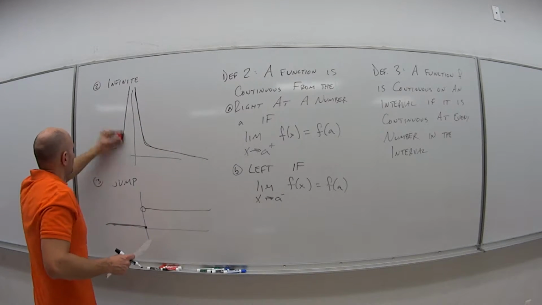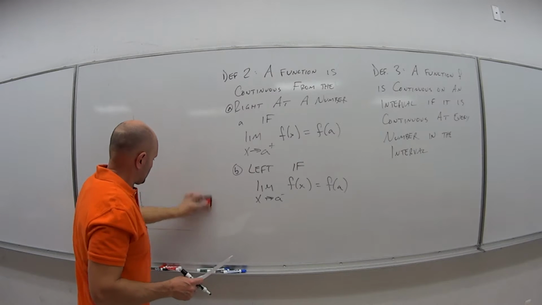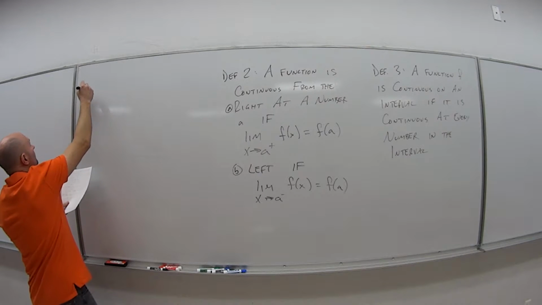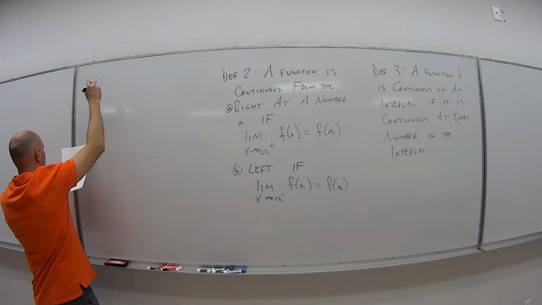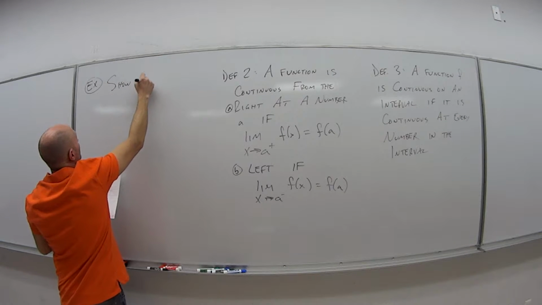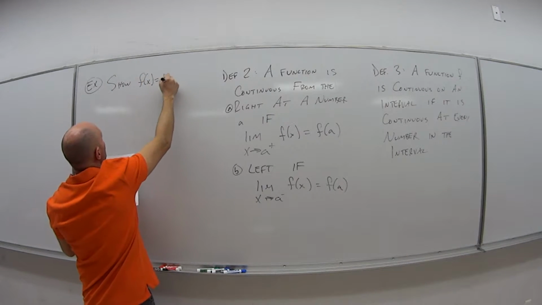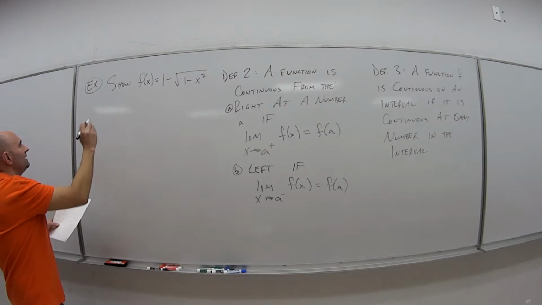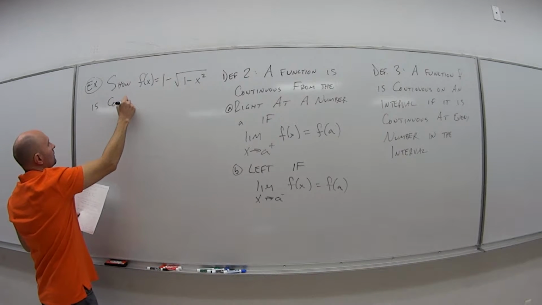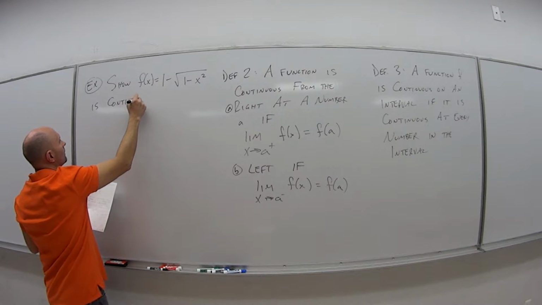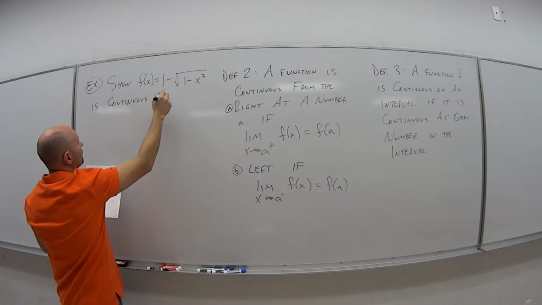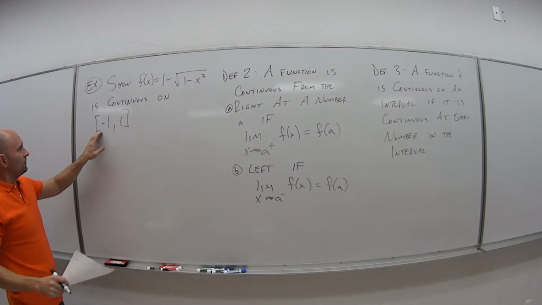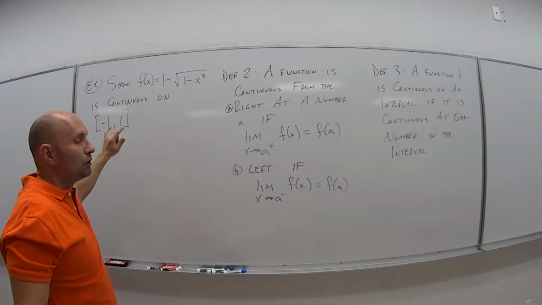So let's look at an example. We want to show that f of x, which is equal to 1 minus the square root of 1 minus x squared, is continuous on the interval, and it's a closed interval, so it gets these brackets, -1 to +1, including those endpoints.